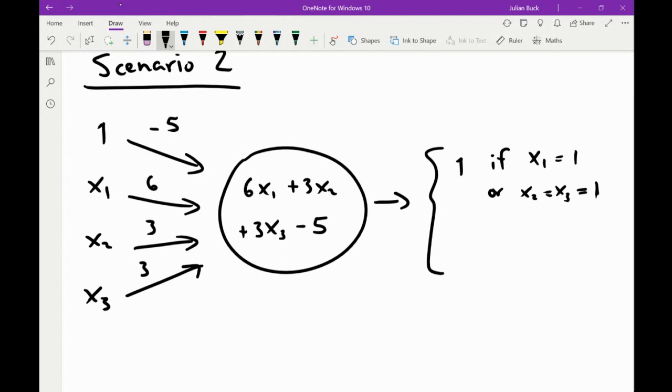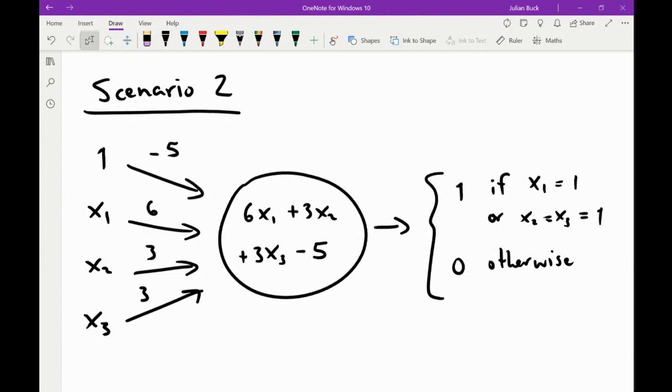And if neither of those conditions is satisfied, it'll output a 0 otherwise. Okay.